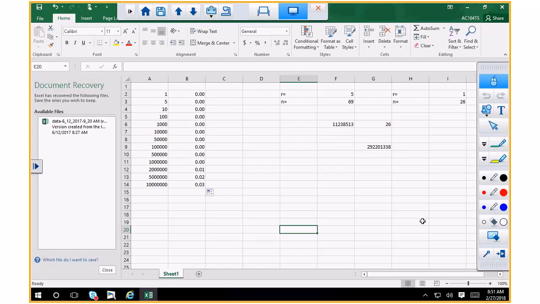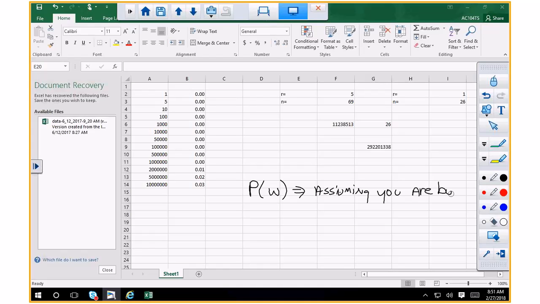So you need to make a note of that, all right? Because there are some of these questions that'll get you. And the reason they're going to get you is it's going to say the probability of winning is equal to, assuming you are buying one ticket.